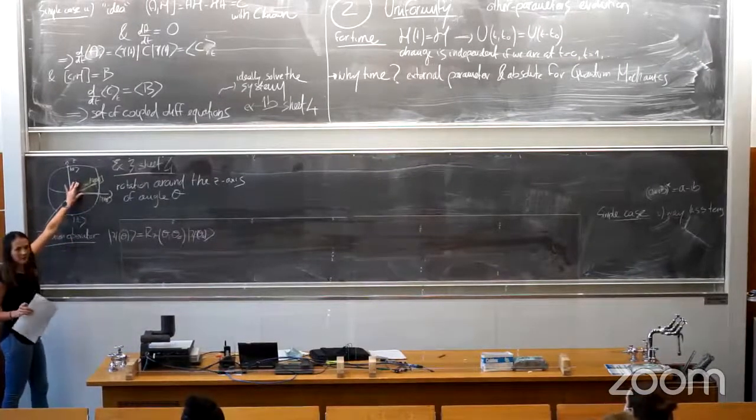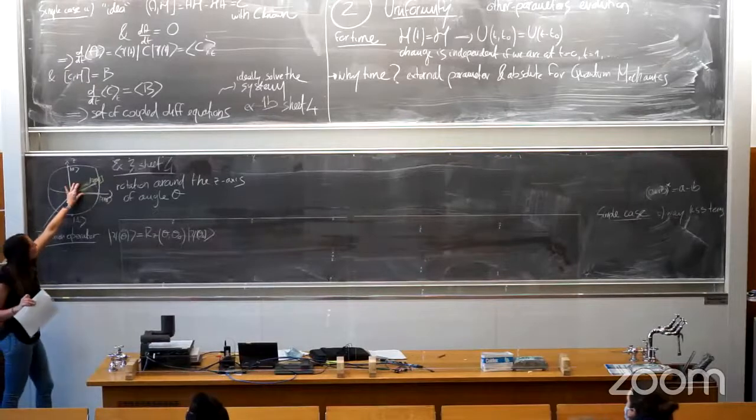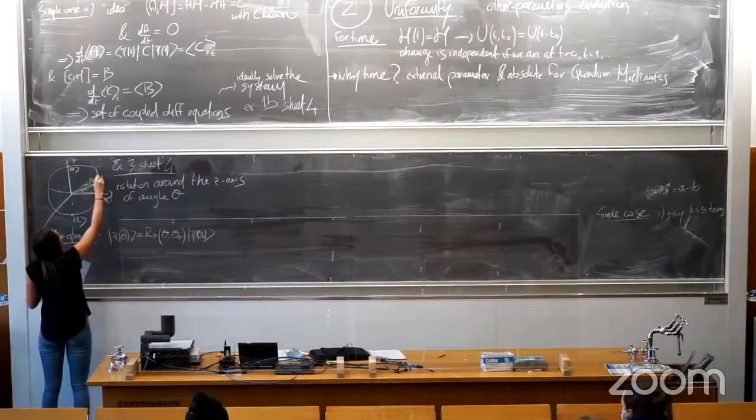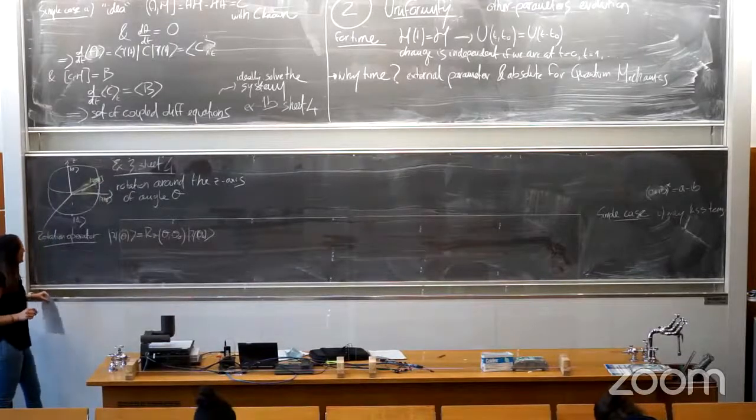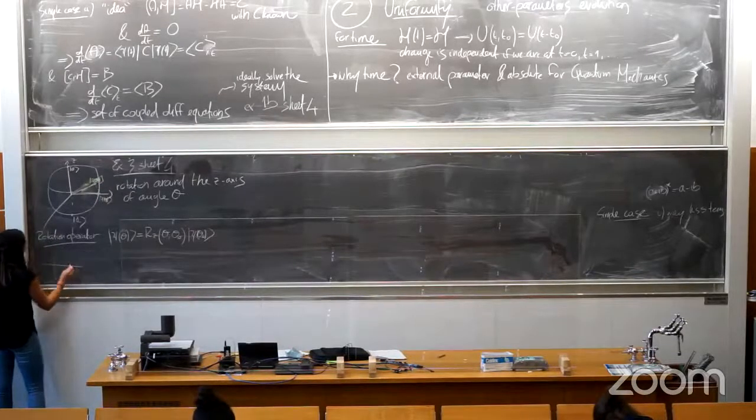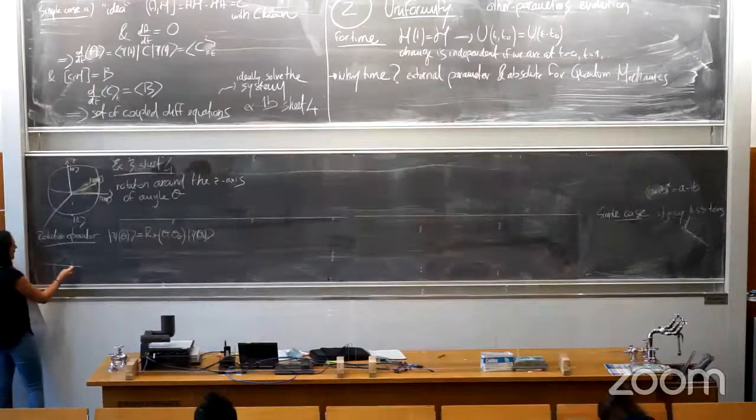Yes? Here, this is psi of theta, sorry. So if you imagine, if I have a plane and I rotate by 45 degrees, this is independent of whether I'm here or here or here.